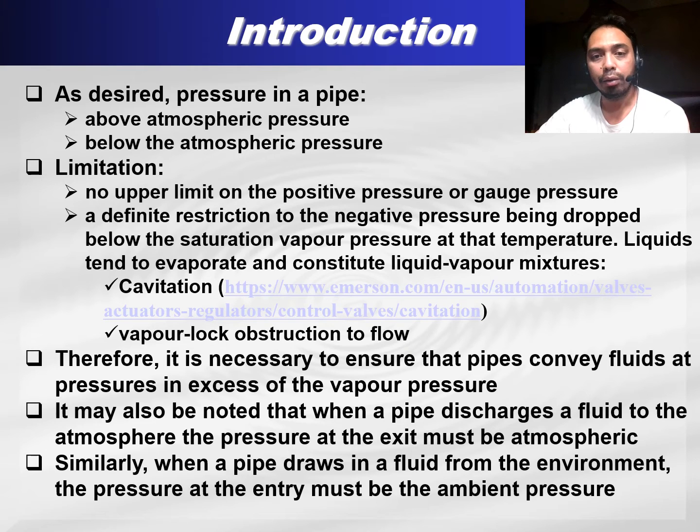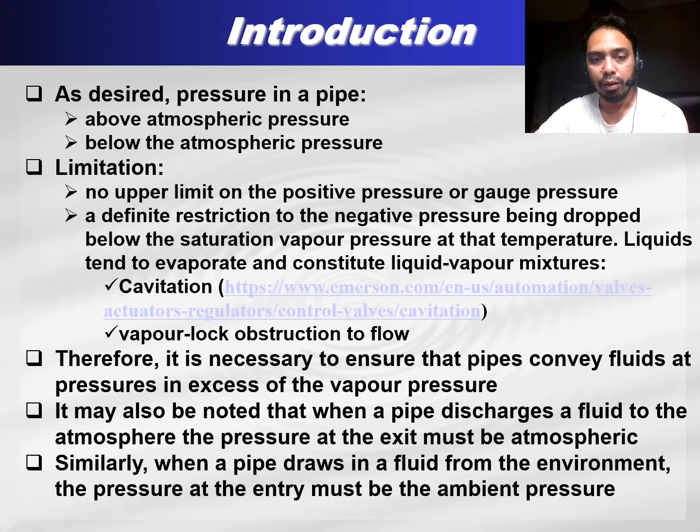There's also vapor lock obstruction to flow, especially for the small diameters of pipe that can block the flow. So therefore, it is necessary to ensure that pipe conveys fluid at a pressure in excess of the vapor pressure to avoid vapor lock obstruction or cavitation.